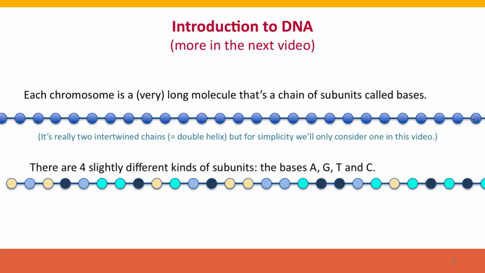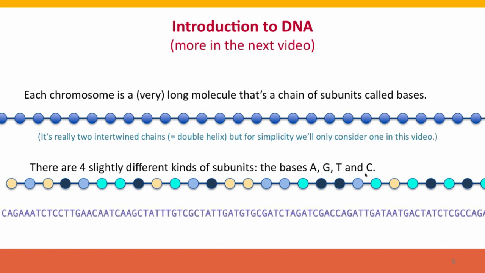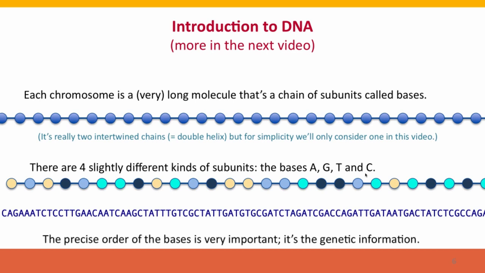Instead, they come in 4 slightly different versions, 4 slightly different subunits, called by the names A, G, T, and C, which are just the single letter abbreviations of their chemical names. We often represent DNA as the order of the bases in the sequence because, in fact, this order of the sequences is the genetic information. It is the differences that cause the phenotypic differences that we see.